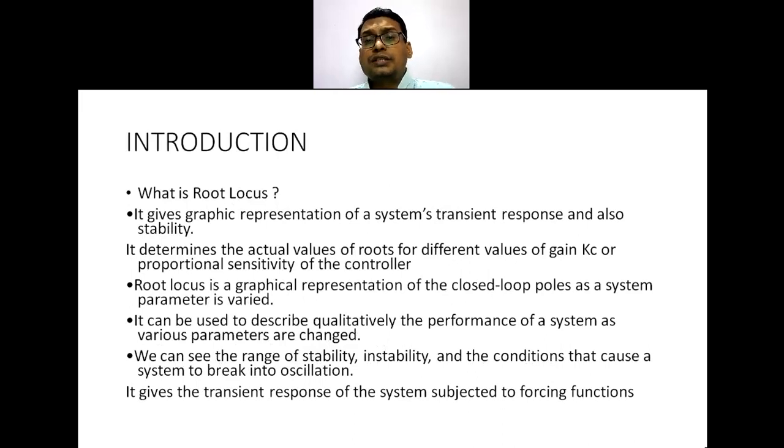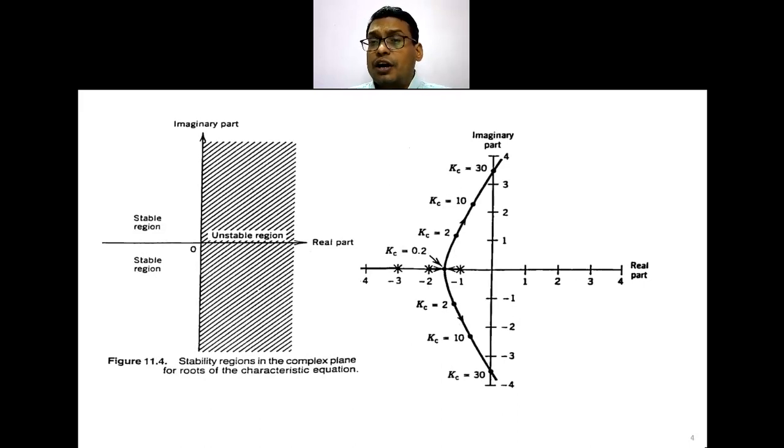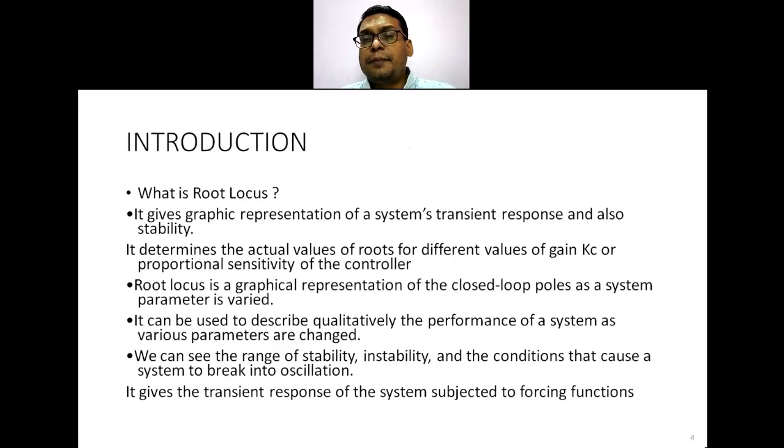Now for the root locus, you require the characteristic equation, its roots, and what path they will take. So we try to plot a path for the different values of the steady state gain. This is our concern: what path is obtained, whether it is this path or that path. That knowledge is obtained from the root locus diagram.